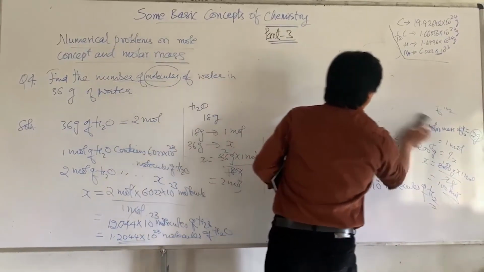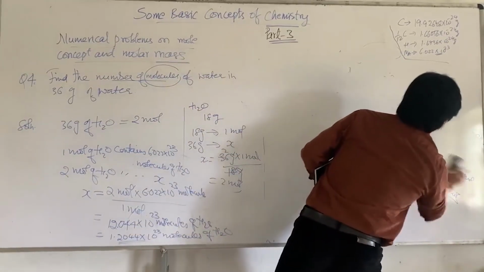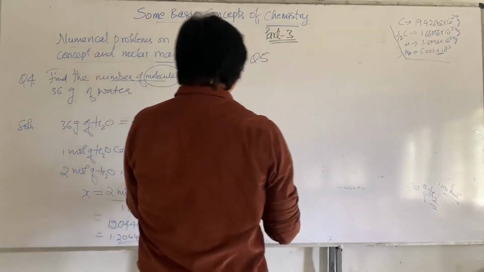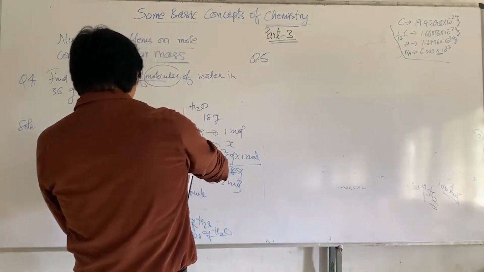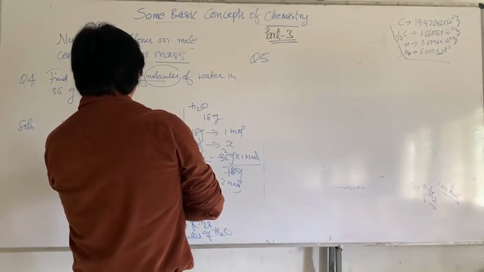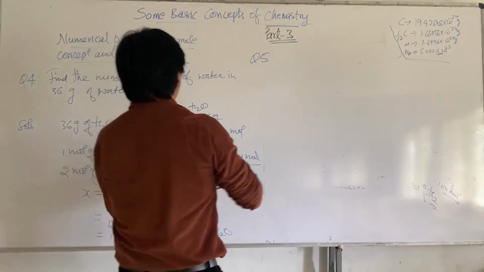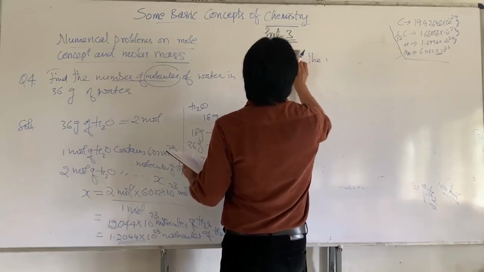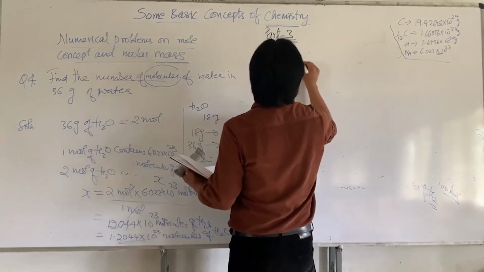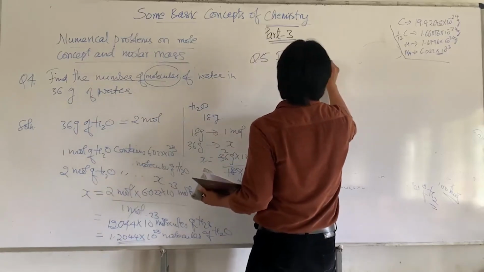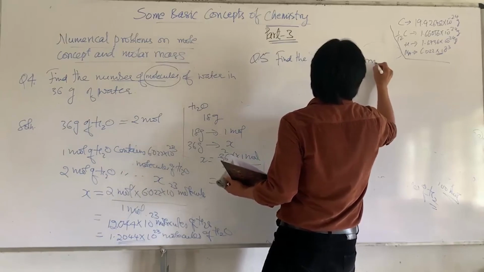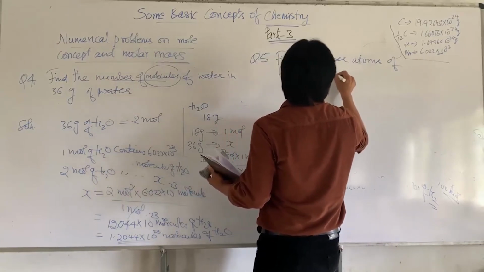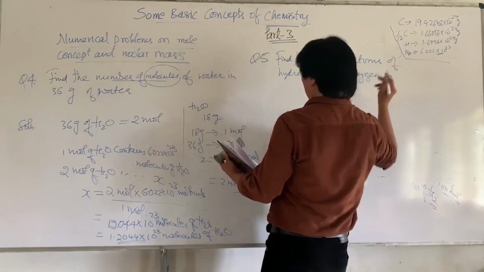The next one is problem number 5. Find the number of atoms of hydrogen and oxygen in here.